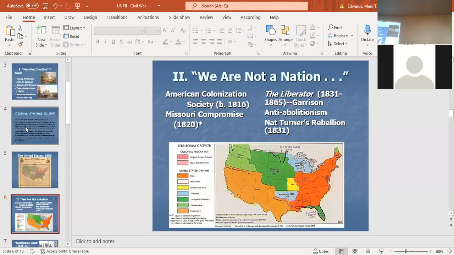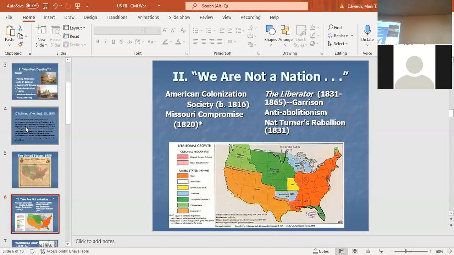And the horrific nature of pre-Civil War slavery, one of the worst the world has ever known, is going to dramatically increase between the 1830s and the 1860s because of the response to Nat Turner's rebellion.